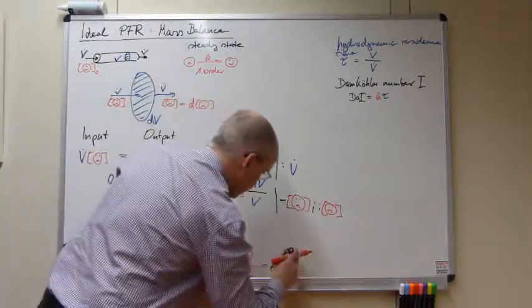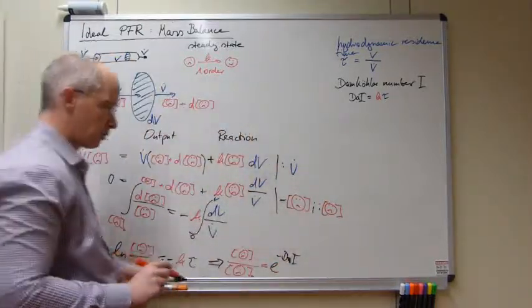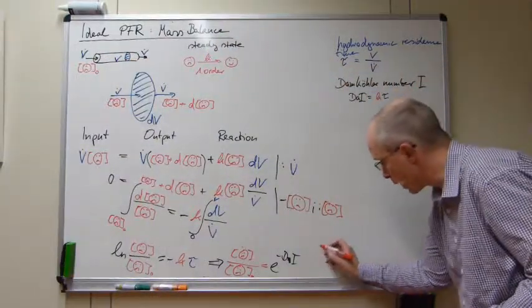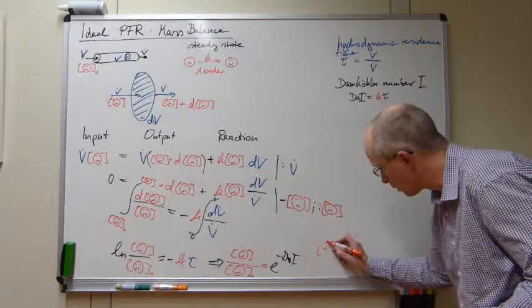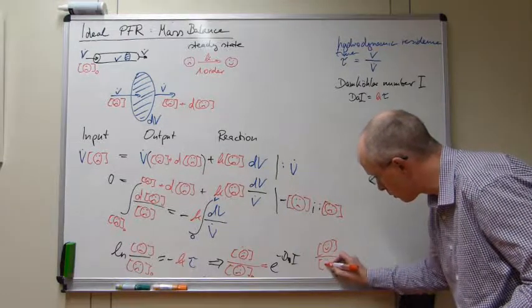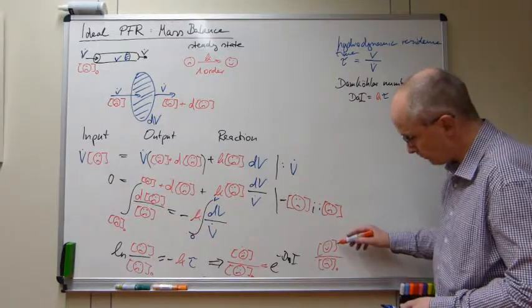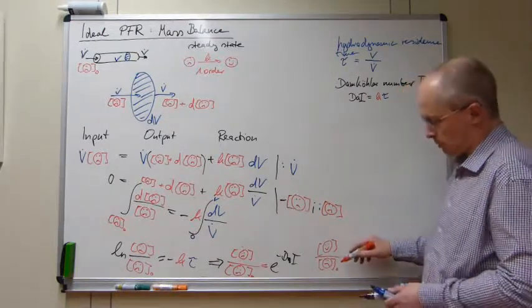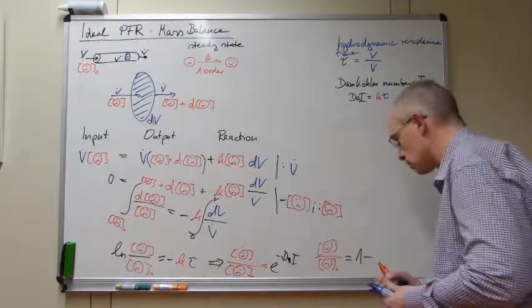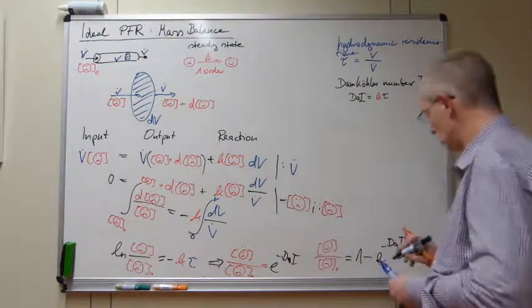So this is again minus Damköhler number here. And as you may know, I'm more interested in happy students. We get the ratio of happy students compared to the starting amount of unhappy students, and this will be 1 minus the exponential minus the Damköhler number.